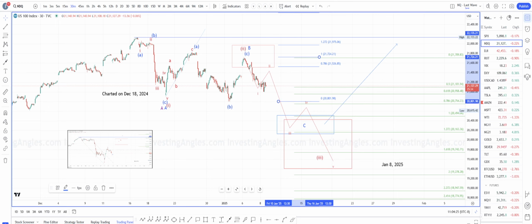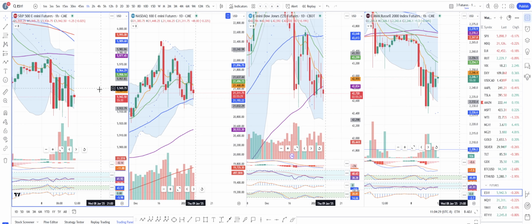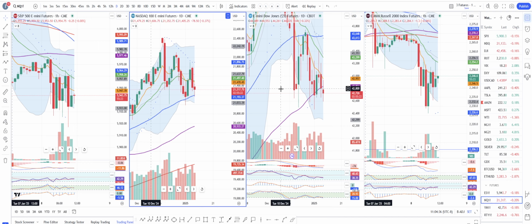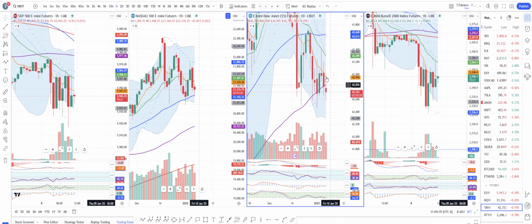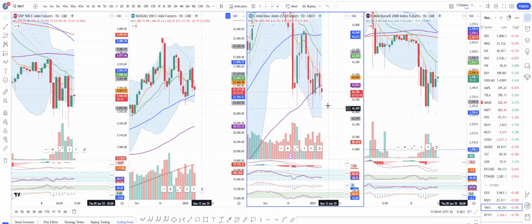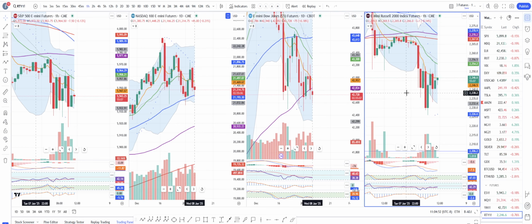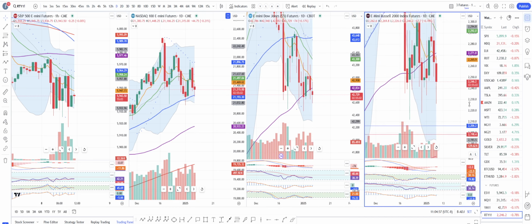Let's have a look at what else is happening with other indices. This is for index futures. Dow Jones on a daily right now is falling below the 100 days moving average, which is the purple line, and this is definitely a strong signal. Let me flip to Russell here.